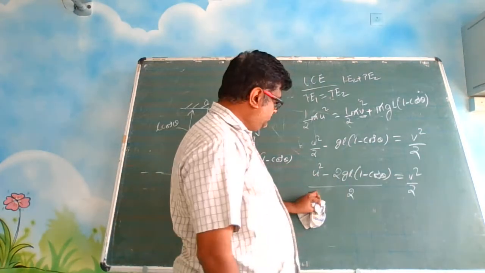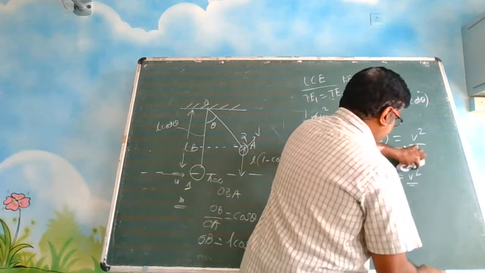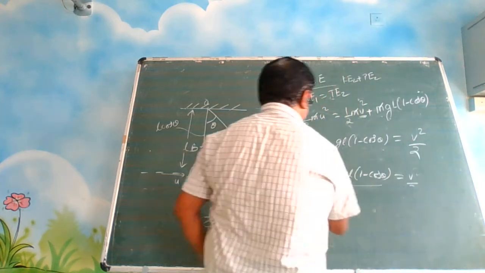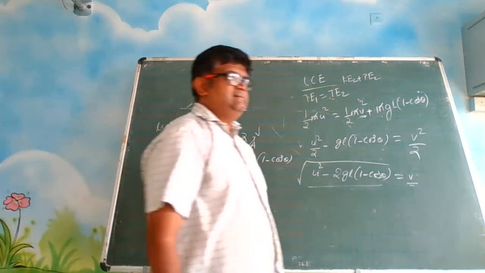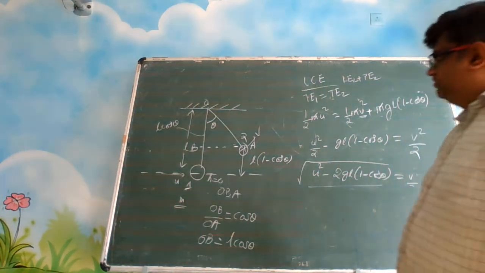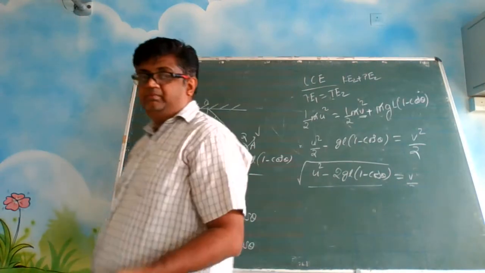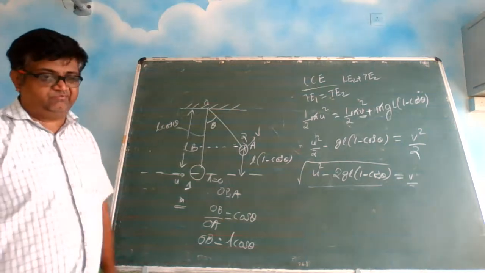Next step, we want v, so we have to take the root over. So seemingly complicated questions also we can solve very easily just by applying simple basic knowledge. So take a screenshot of this.